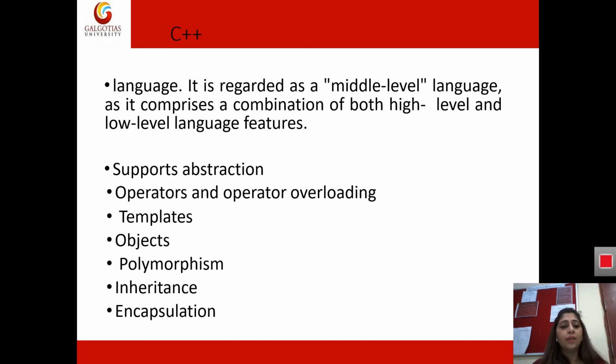I'm just going to give you an idea of what we understand by object oriented programming. Object oriented programming is basically a type of programming in which we have objects as the main focus, and not the functions. Functions are built according to the objects and not otherwise.